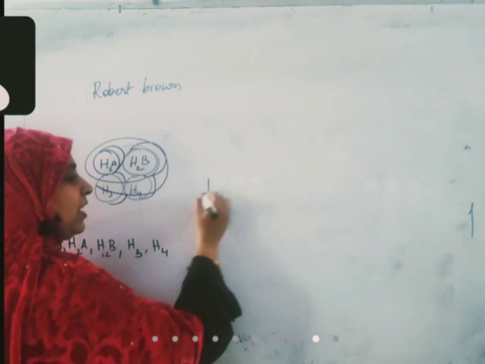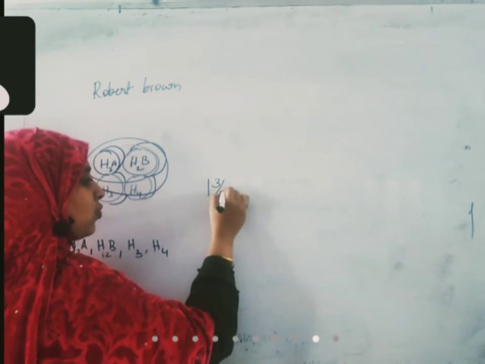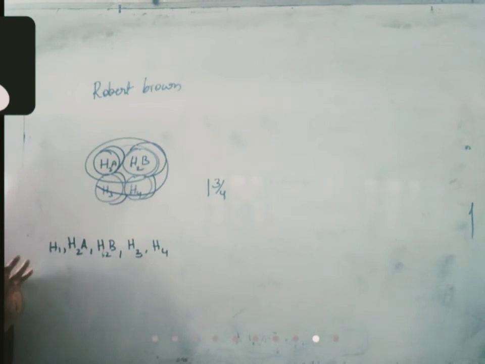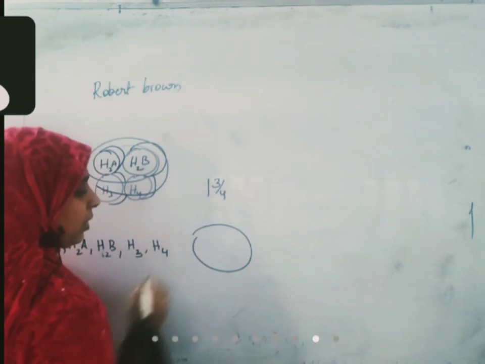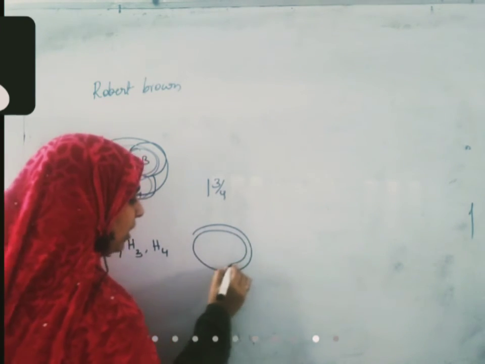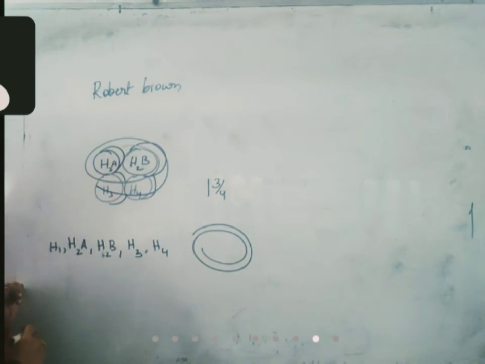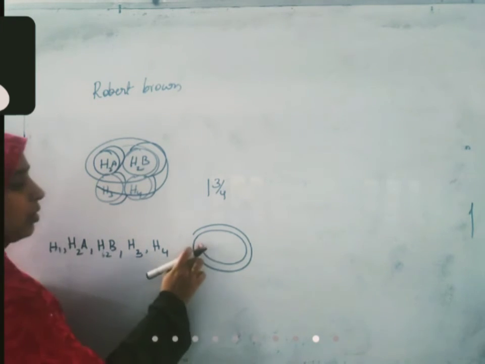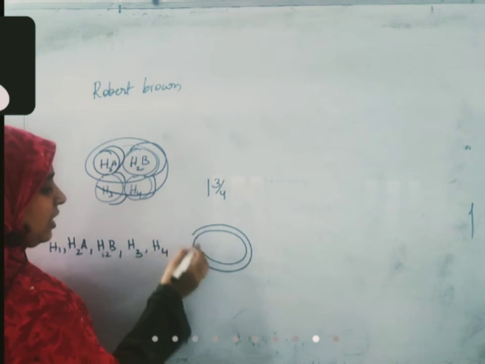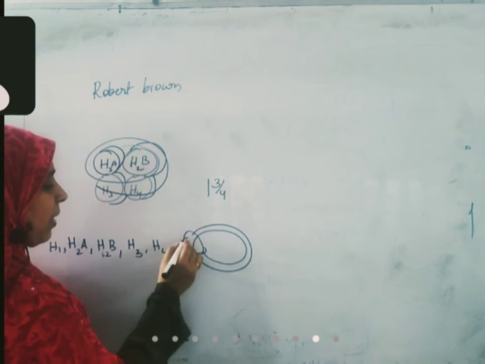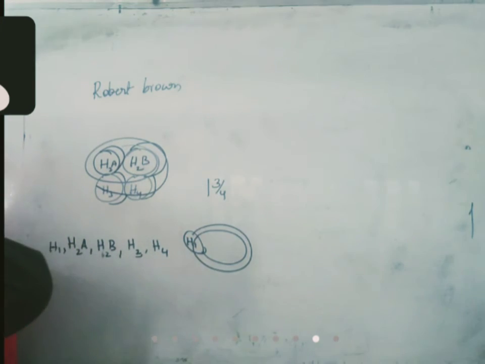One complete round, and one turn is 1 3/4 turn. Again it will coil. This point and this point are connected together by H1 histone.